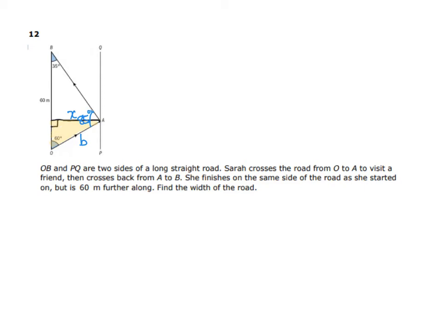Okay, so now let's find some parts that we could use for law of sines. So to find B, I'm going to use the angle opposite B. And then we can use, let me get a different color. How about red? Then we can use this 85-degree angle and the side opposite it. Okay, so step one is we're going to find B using law of sines. So I'm going to take the sine of a 35-degree angle over B is the same as the sine of an 85-degree angle over 60.